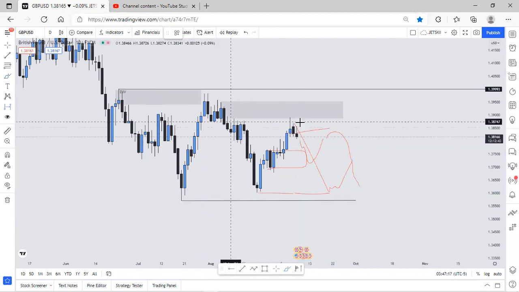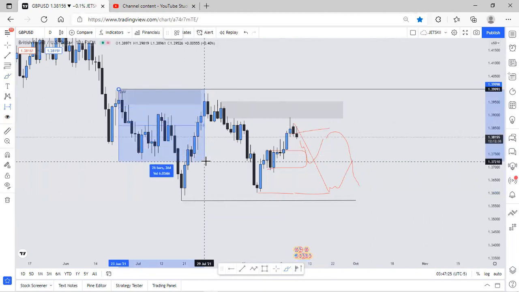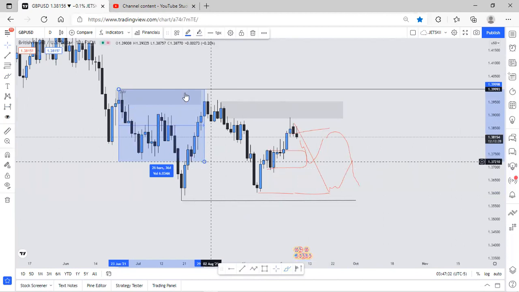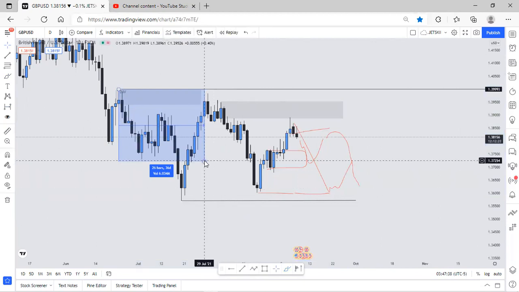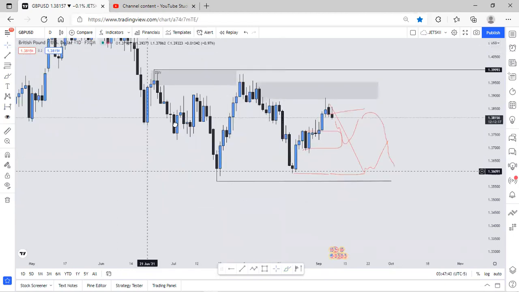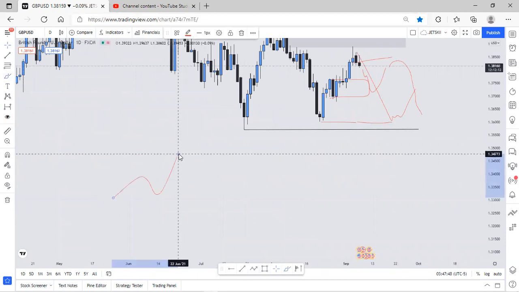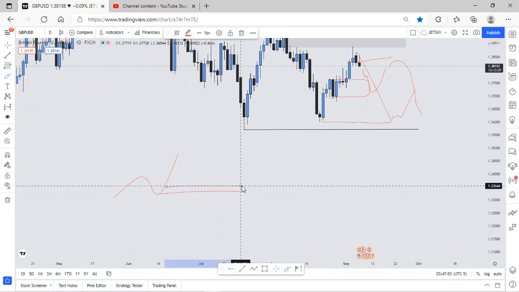Let's say for all these things to play out from here to there, that was like 36 days to wait for this thing to come and then get your setup there. So imagine you wait for 36 days and then when it gets to this area, it continues to break the highs. You see, it will take you time to learn. So that's why I only trade on 1 minute, because when I trade on 1 minute and make a mistake, I can easily rectify my mistakes. So that's why I want to stick to lower time frames only.